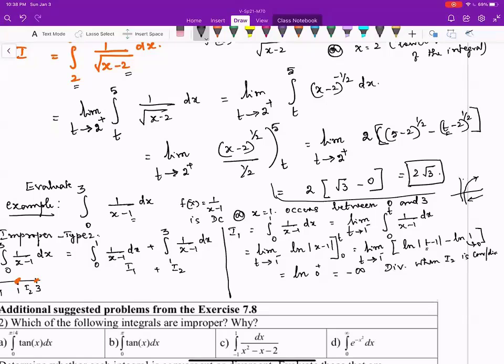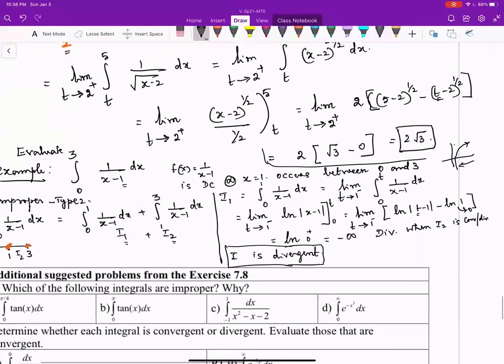Anyway, we are going to add a negative infinity to either a finite value or an infinite value, it doesn't matter, but ultimately the integral is divergent. So the original integral I is divergent. This is the way it is done by improper integral.